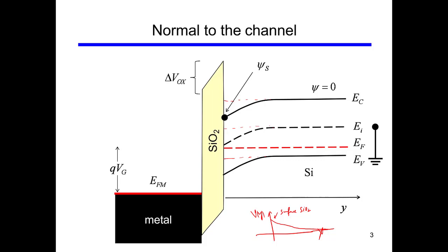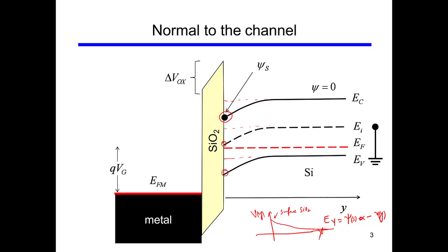And we saw that the potential, denoted here by psi of s, was inversely proportional to V of y. So you see, at this point, if this goes down, this band goes down.